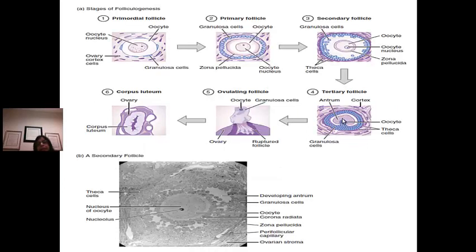Here is a summary of all of the different stages that the follicles go through in each cycle. Primordial follicles are the ones that are always going to be there. If you really want to understand, the structure of the ovary is organized into cortex and medulla.